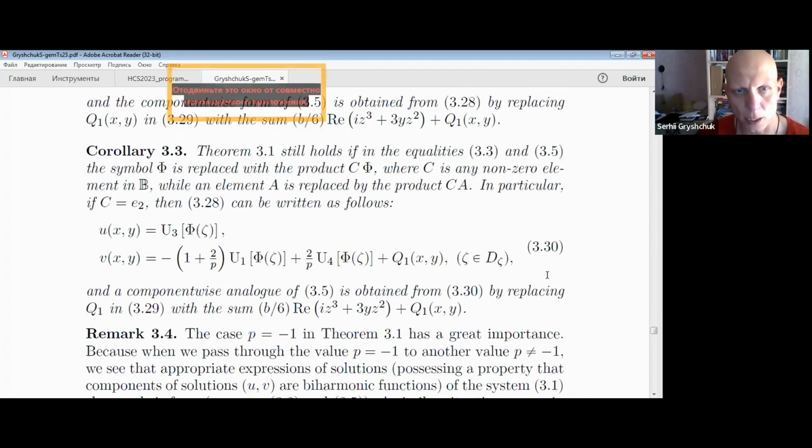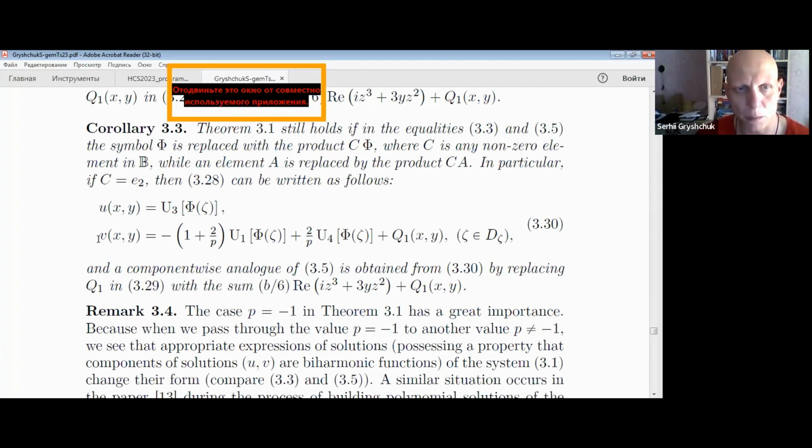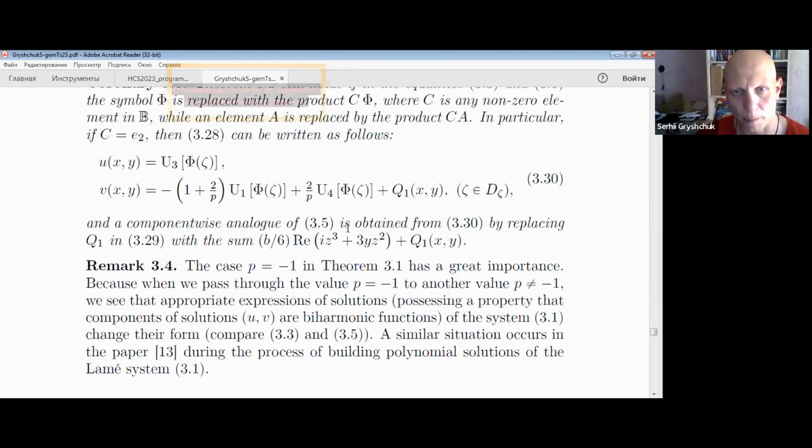Here we see that the first component U equals the third component of our monogenic function, and the second component of the solution V equals a linear combination of the first and fourth components, plus also some polynomials.